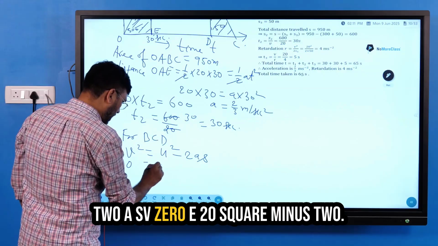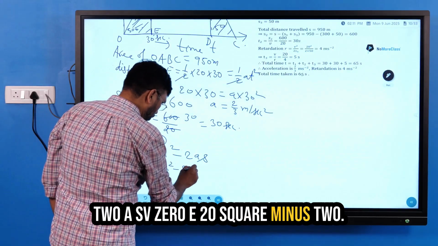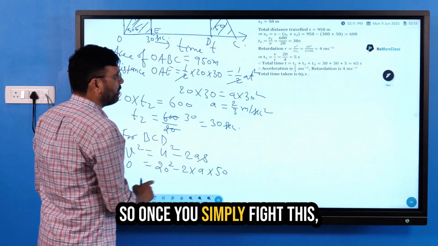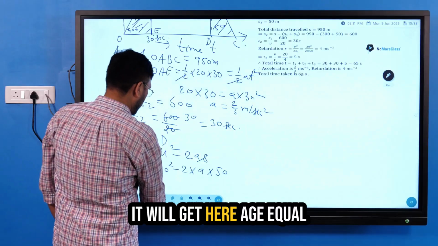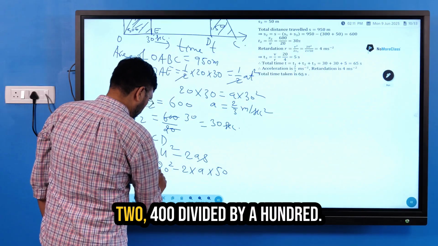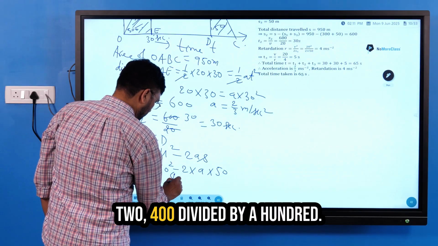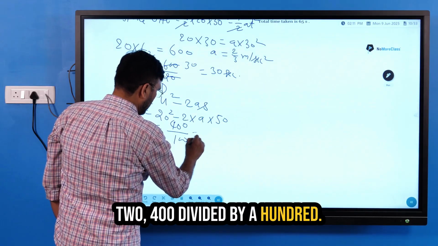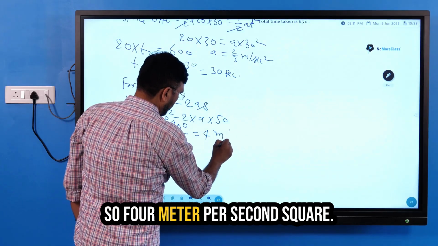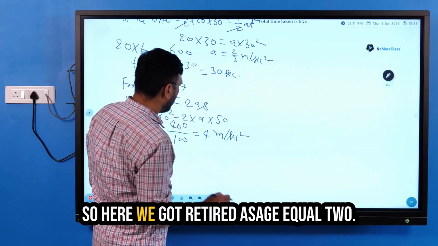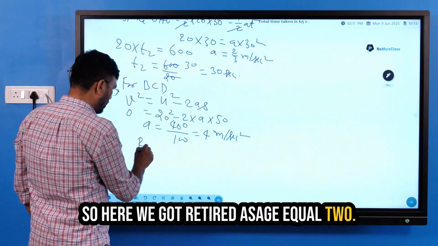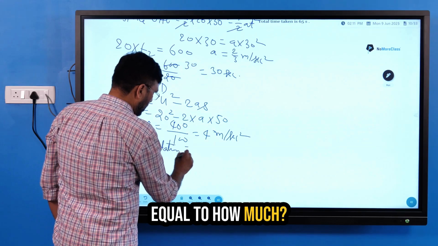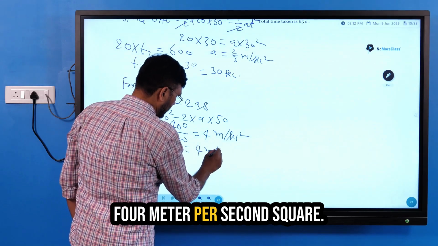V is 0, U is 20 square minus 2A, and S is 50 meters. Once you simplify this, you get A equal to 400 divided by 100, so 4 meters per second square. So the retardation is 4 meters per second square.